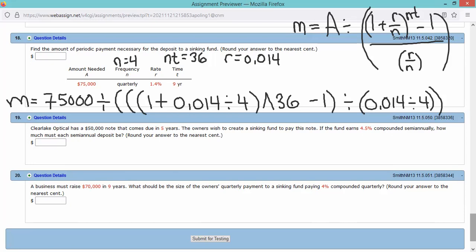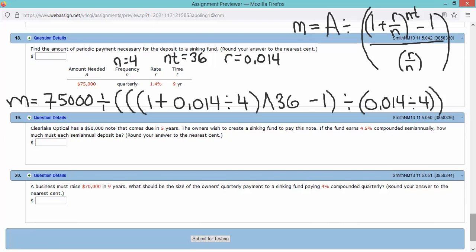75000 divide by 1, 2, 3, 1 plus 0.014 divided by 4 in parentheses, caret 36, take away 1 in parentheses, divide by parentheses 0.014 divide by 4 in parentheses, end parentheses, and check the answer.